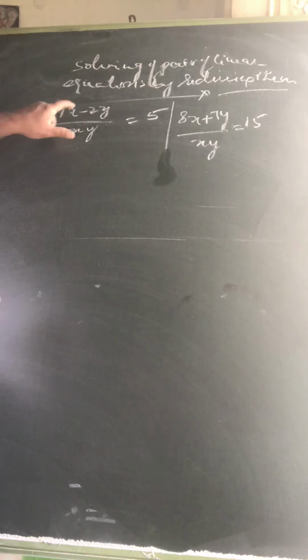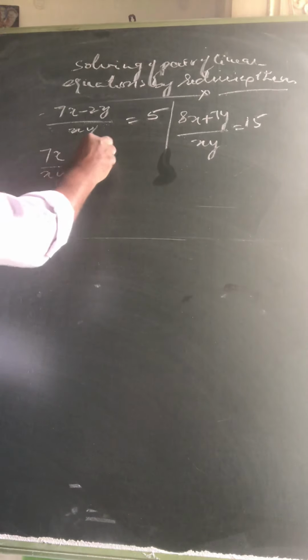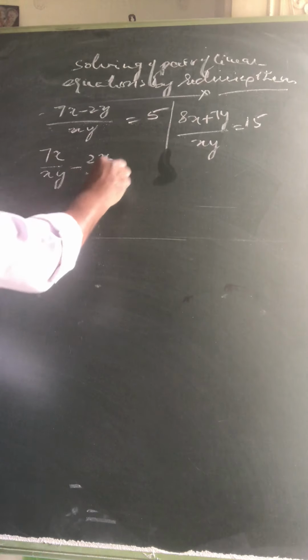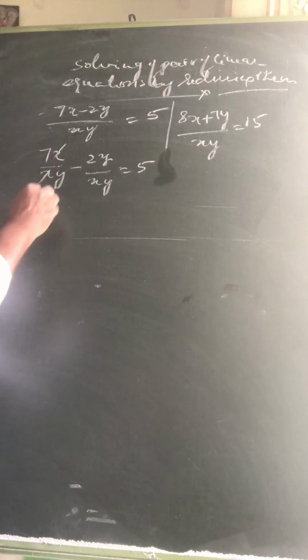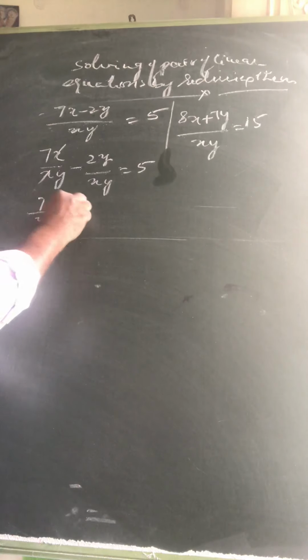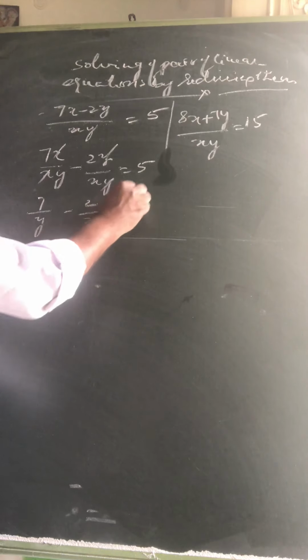What we have to do is, here the denominator is common for both the terms. That is 7x by xy minus 2y by xy is equal to 5. Now x cancels, y cancels: 7 by y minus 2 by x is equal to 5. Same as the previous problem.